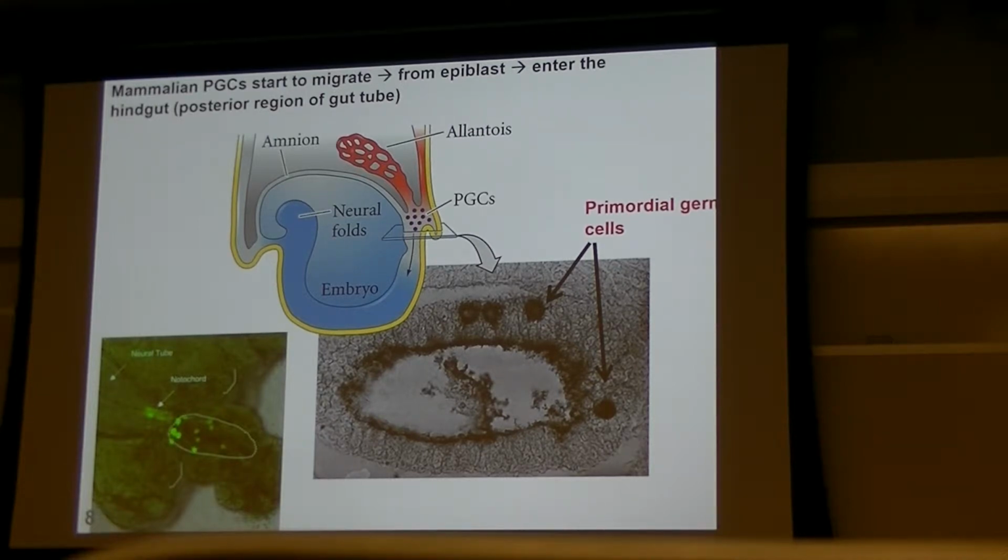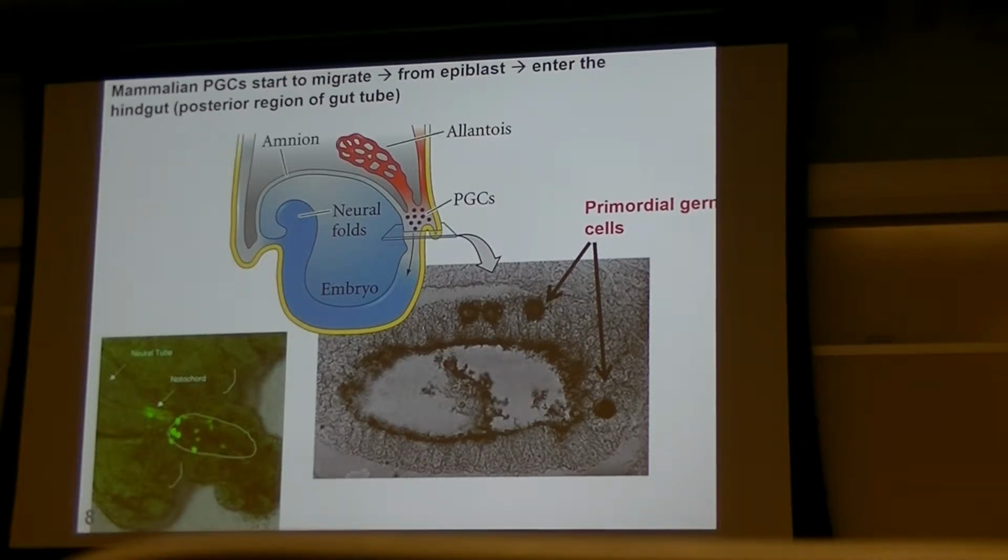And it seems that one of the important factors is that there's an additional group of cells that migrate along with the primordial germ cells. And these are secreting a factor called stem cell factor, abbreviated SCF, I believe.